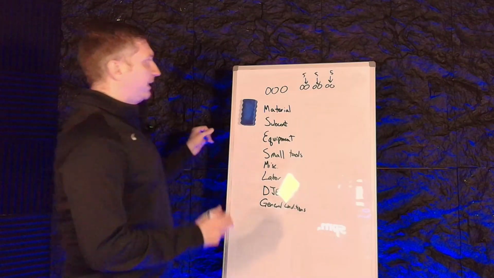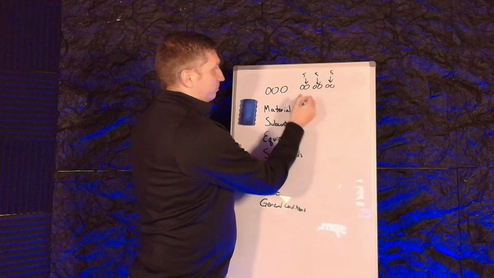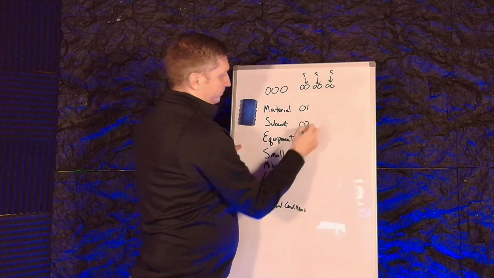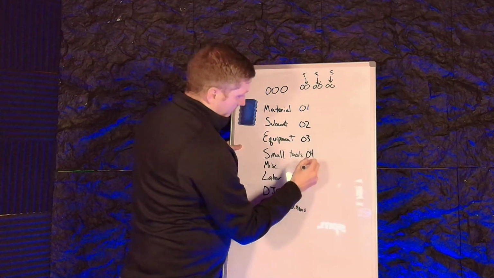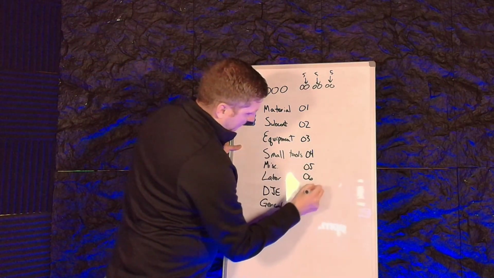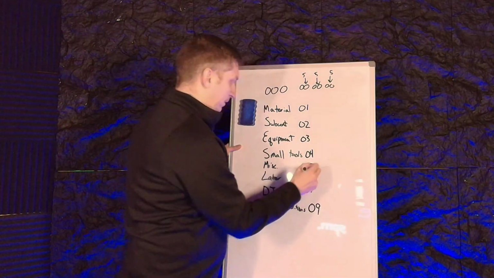I like to think of it like you have 100 different levels of cost codes. So for us, we do 01, 02, 03, 04, 05, 06, 07, 09. I skipped number 8.